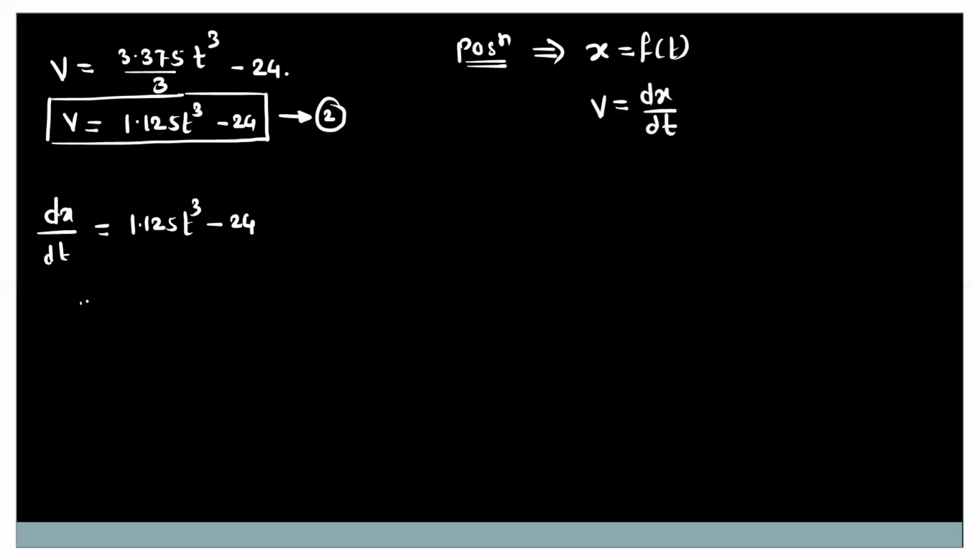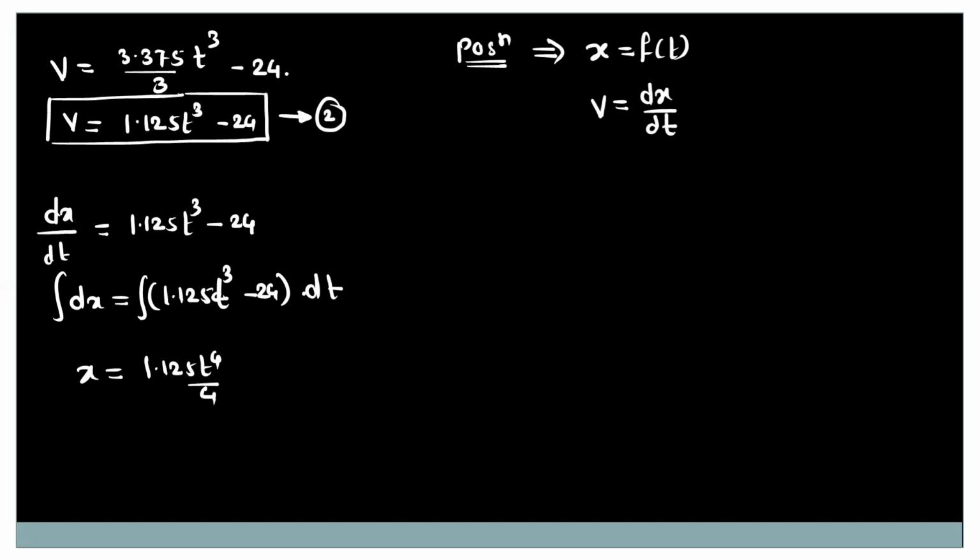Okay. So dx is equal to 1.125 t cube minus 24 into dt, and now you can integrate both the sides. So x is equal to 1.125 t raised to 4 divided by 4 minus 24t plus constant c2. Okay.